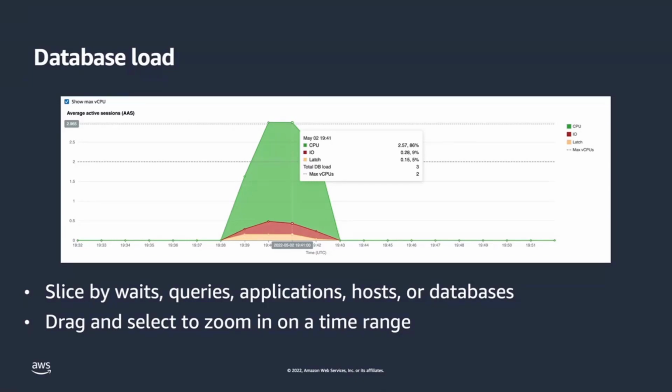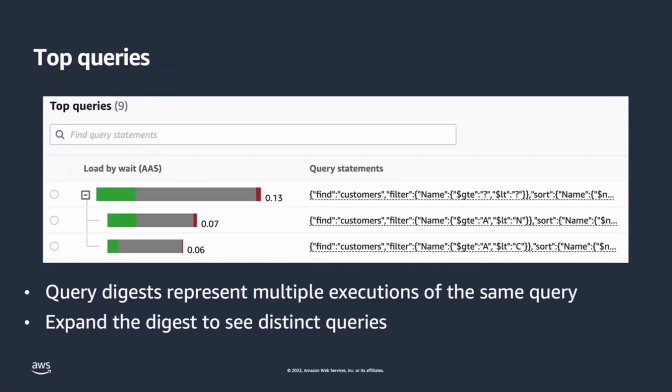So in addition to slicing by wait states, you can slice by queries, applications, hosts, or databases. Slicing by hosts just simply groups the load by the host or IP address that made the request. Slicing by databases groups the load based on each database in the cluster. And I want to dive a little bit deeper into queries and applications on these following slides here.